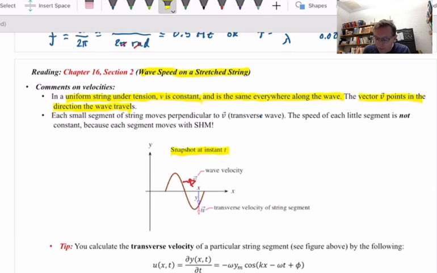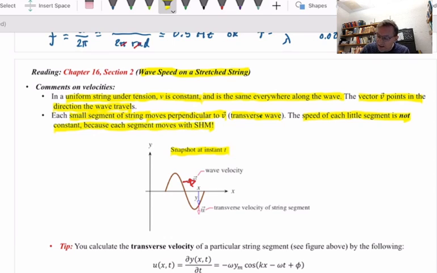But remember something I emphasized in the previous video. If you look at any small segment of the string, it moves perpendicular to v, up and down, because this is a transverse wave. That's what transverse waves do. And the speed of each little segment of the string is not constant, because each little segment moves with simple harmonic motion.